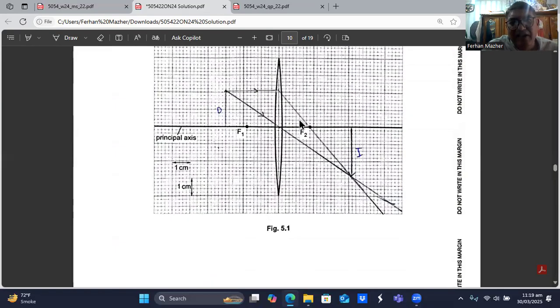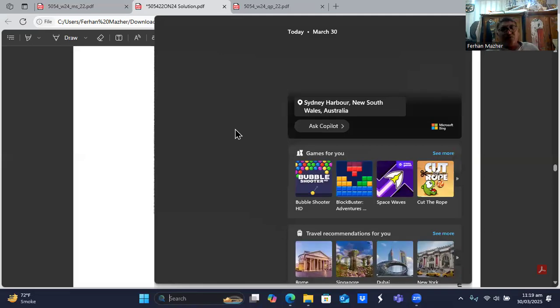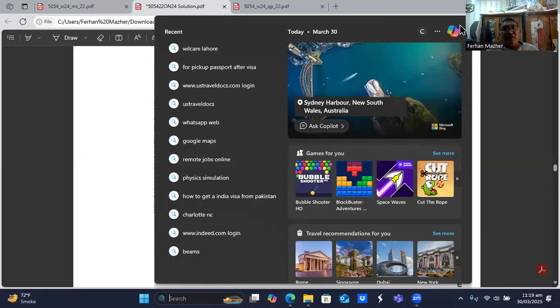Okay, another way of finding is 1, 2, 3. And this will be 4. This is 4.1. So what I can do, let me calculate on the calculator. We can find out this. So I think it's 2.8, but she has written there 3.8. I don't know why she wrote 3.8. So I think she has made a mistake.